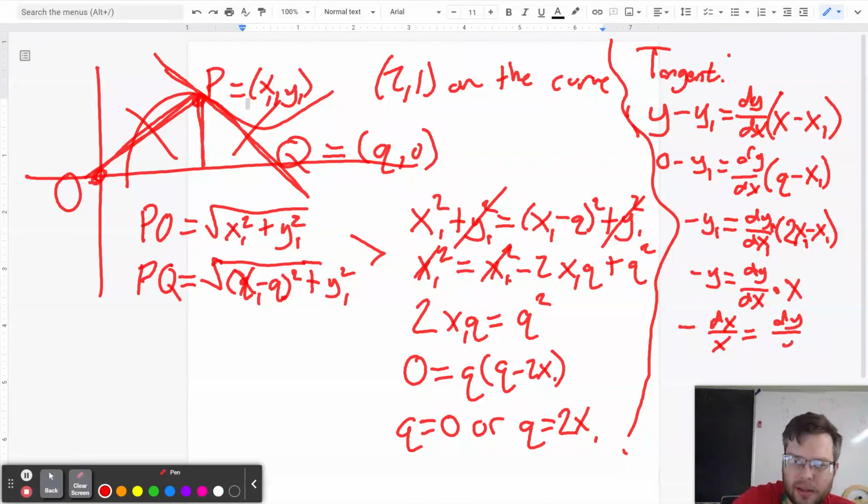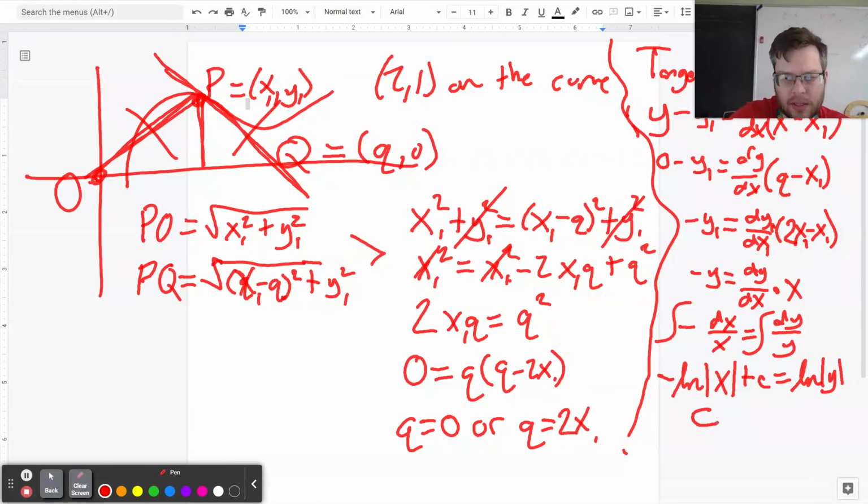So I get negative natural log of absolute value of x plus c equals natural log of absolute value of y. I'm going to exponentiate everything. So I get c, dropping the c down in front, c e to the negative natural log of x equals absolute value of y.